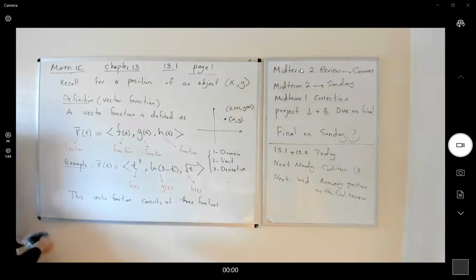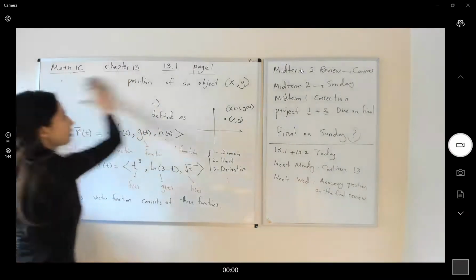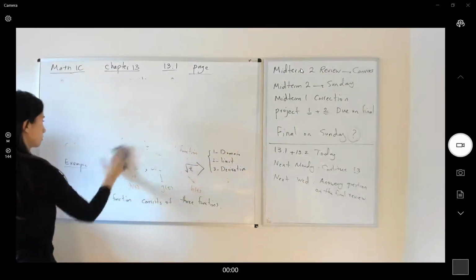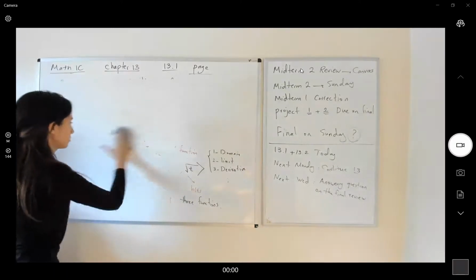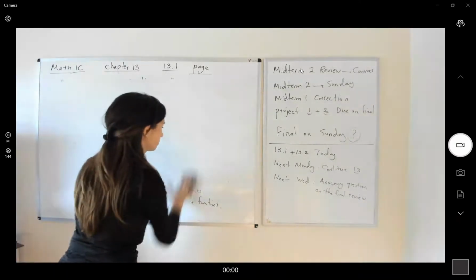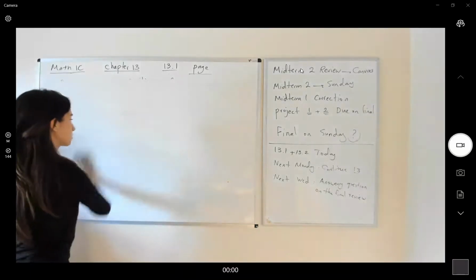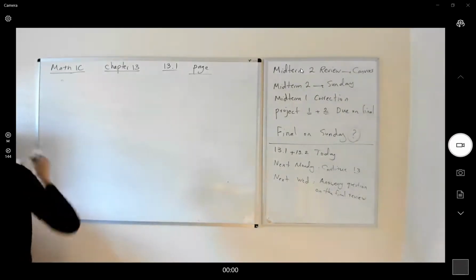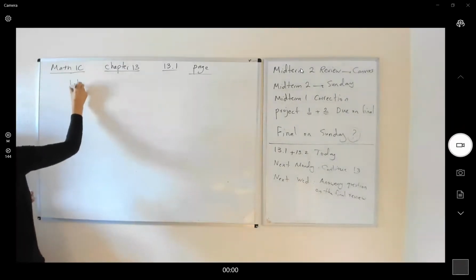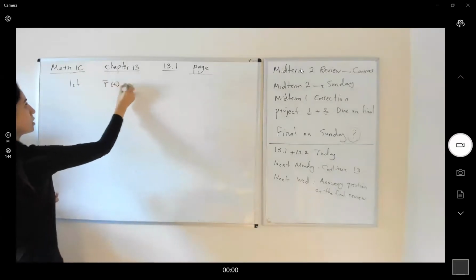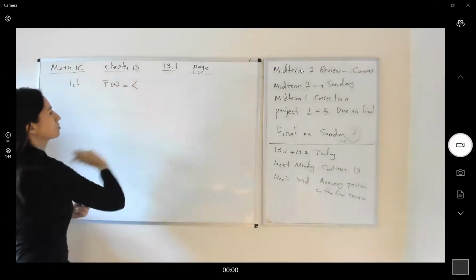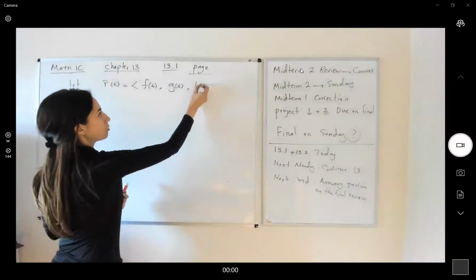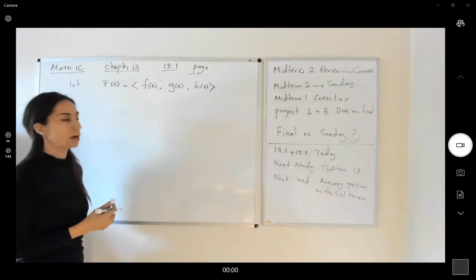Okay. So let us talk about the limit of our function. Let r of t be equal to f of t, comma, g of t, comma, h of t, a vector function.